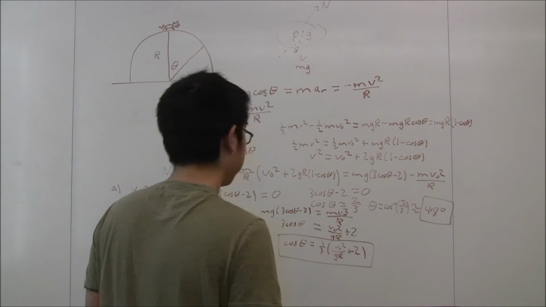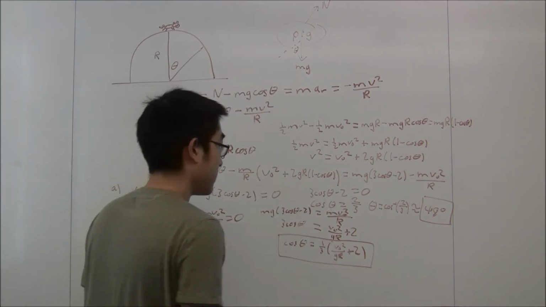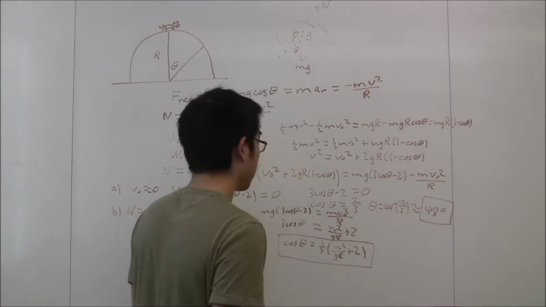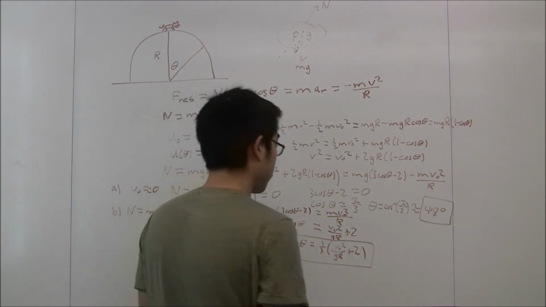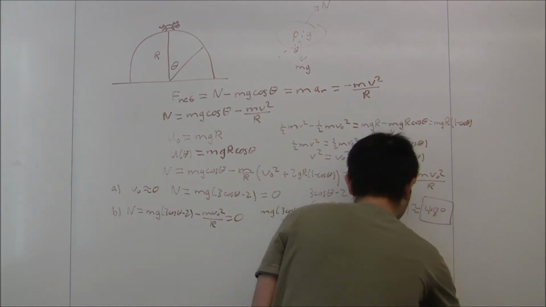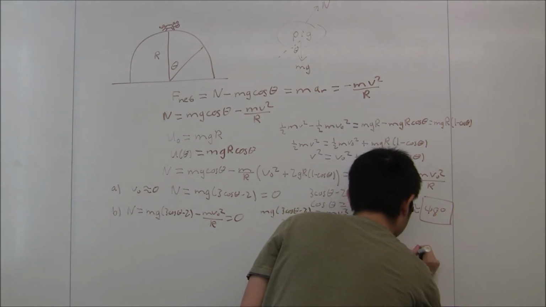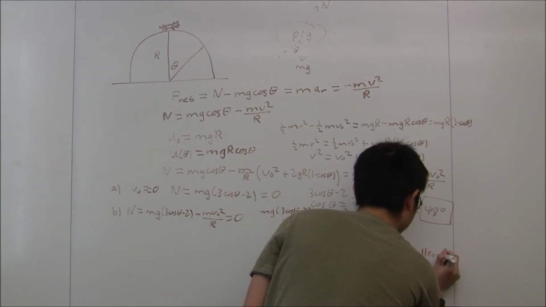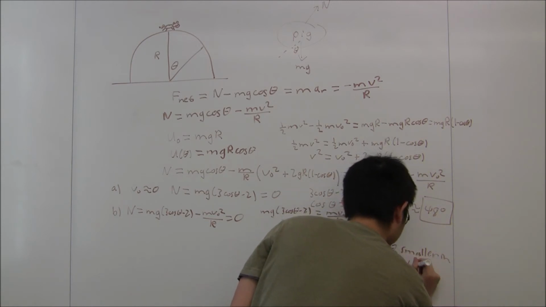Notice that cosine theta in part B is larger than cosine theta in part A, which means that theta must be smaller in part B than in part A. So let's make a note: theta is smaller in part B than in part A.